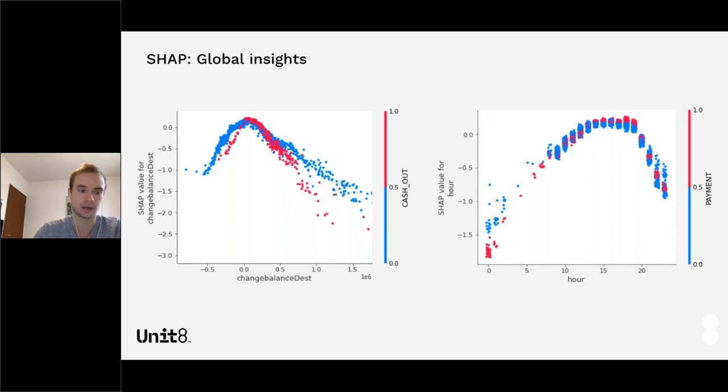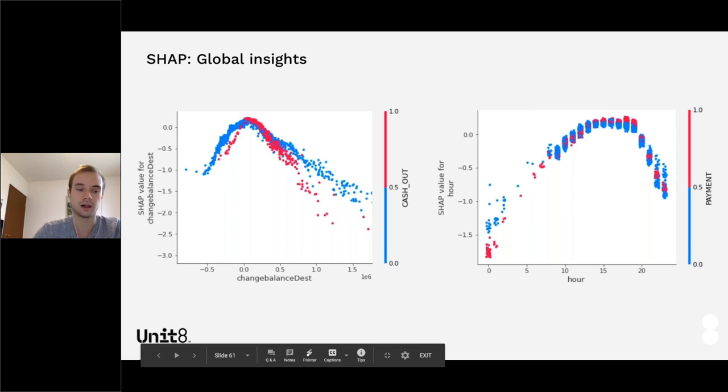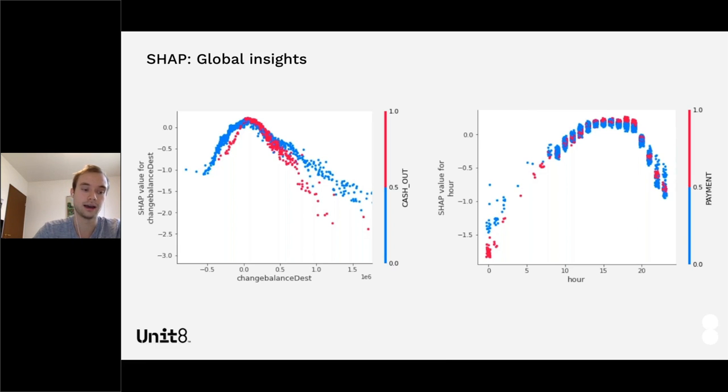Let's take a look at another example. Here we plot the explanation values for different values of the hour feature. Again, lower values on the y-axis represent feature values that contribute to a higher likelihood of being an anomaly. We can see that certain times of the day are much more unusual than others.